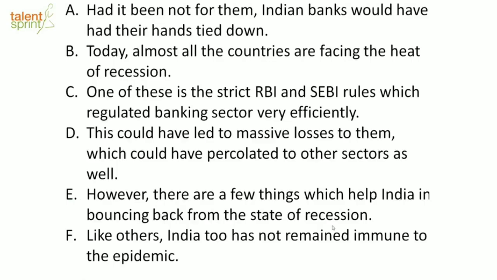So the highlighting phrase or the key phrase that we need to pay attention to from E would be, there are a few things. So is one of those few things mentioned in any other sentence? Yes, it is C. One of these is the strict RBI and SEBI rules which regulated the banking sector very efficiently.